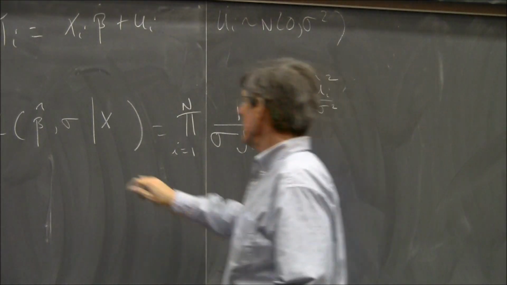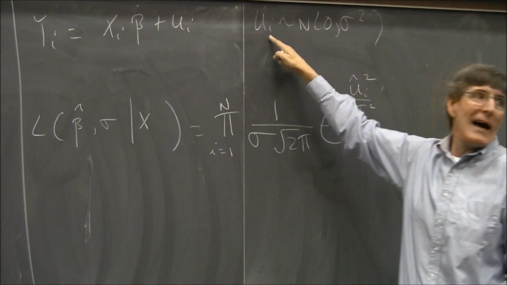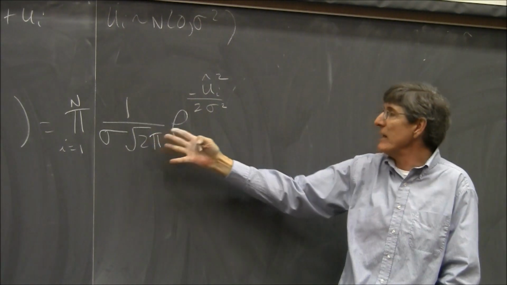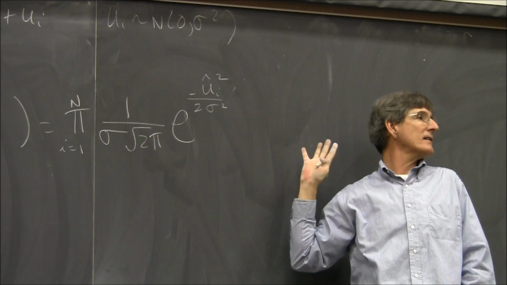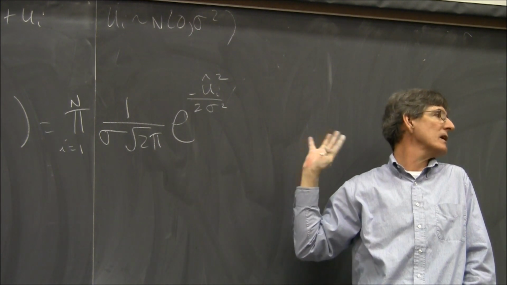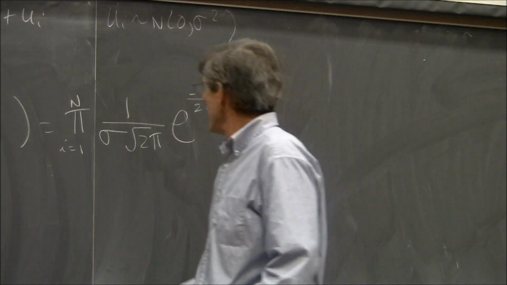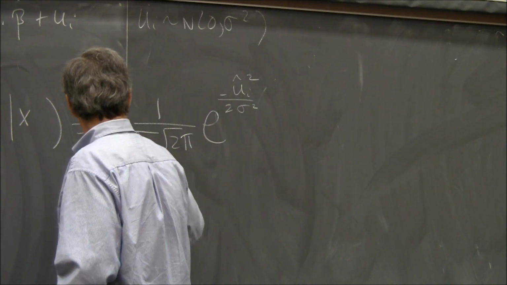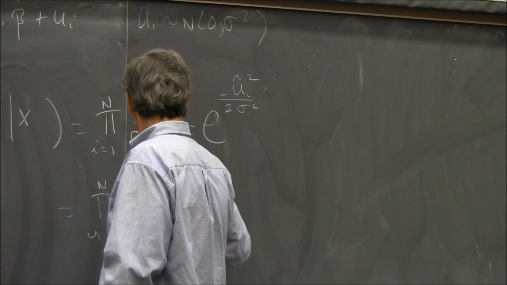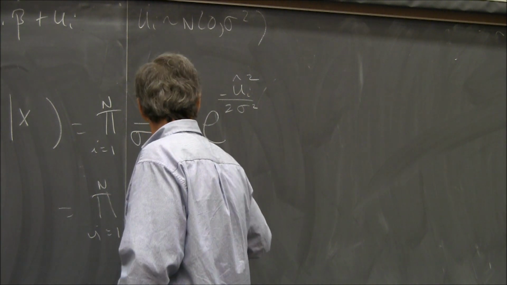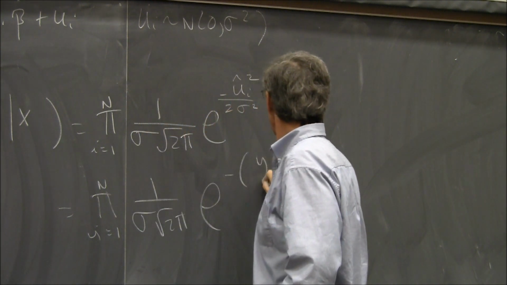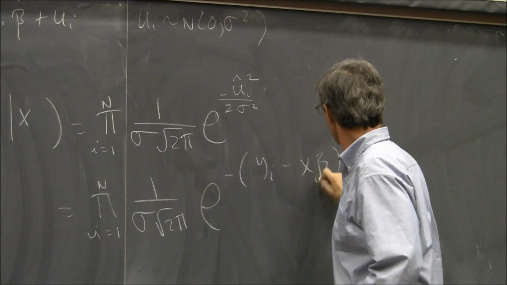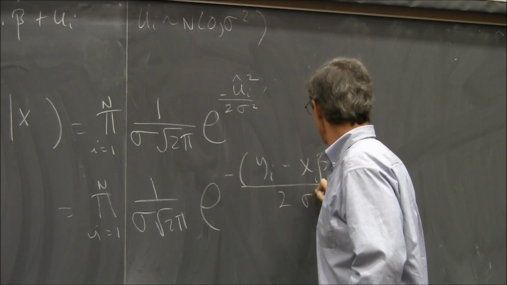So this is the likelihood function for the ui's. Each ui is normally distributed, they're independent, so the product is the joint probability, the probability of observing that sample. That's the same as the product from i equals 1 to n of 1 over sigma square root 2 pi e to the minus yi minus xi beta over 2 sigma squared.